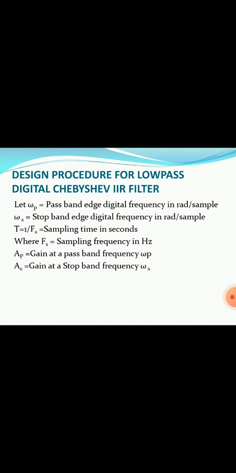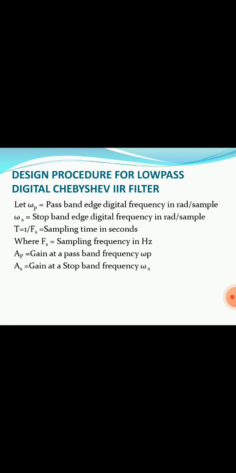Now we are going to discuss the design procedure for a low pass digital Chebyshev IIR filter. Here we have some specifications. The first one is the pass band edge digital frequency, whose unit is radian per sample. Next, omega s is the stop band edge digital frequency in radian per sample.